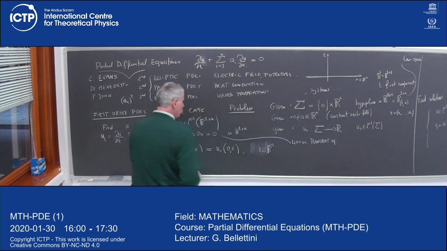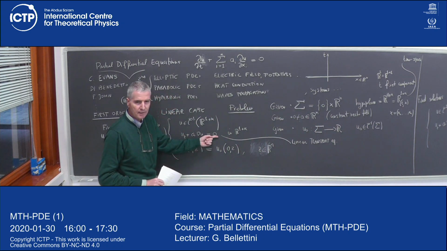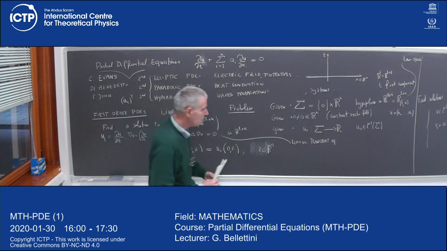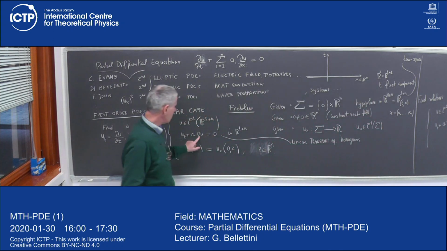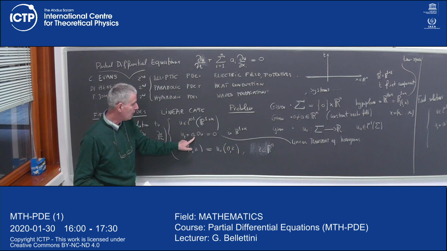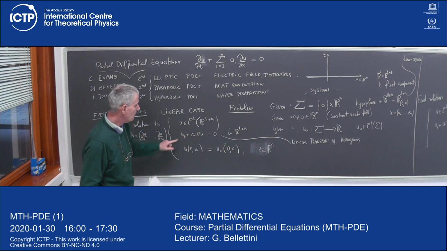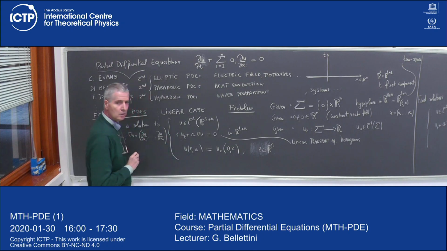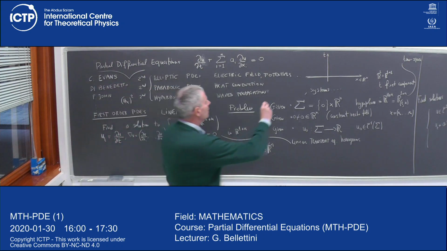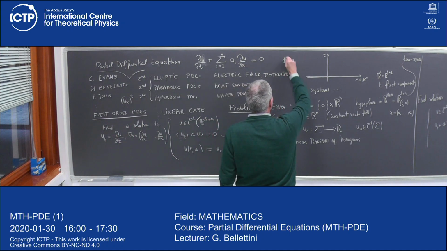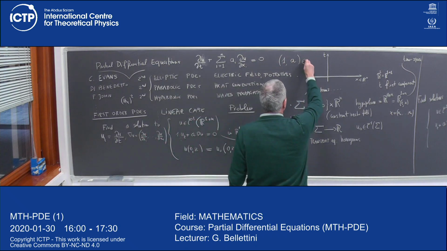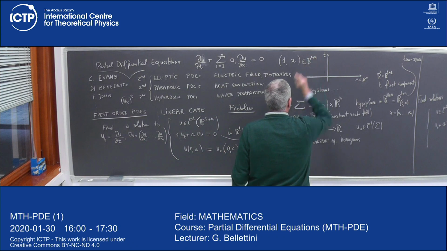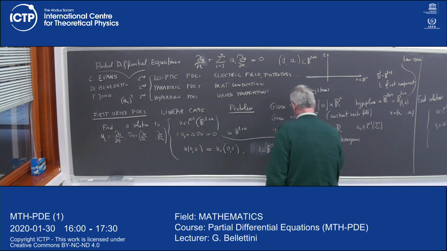Actually, this is homogeneous because the right hand side is 0. So linear homogeneous transport equation, with constant coefficients, because we can imagine to have 1 here in front. So the coefficients are 1, a, if you want, in R^(1+n), constant, with constant coefficients.